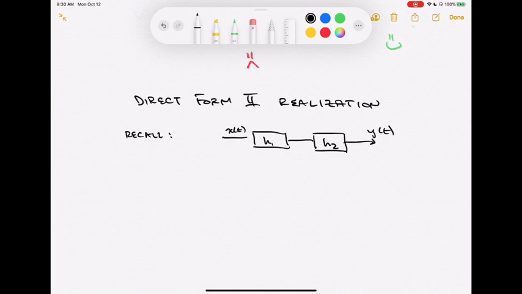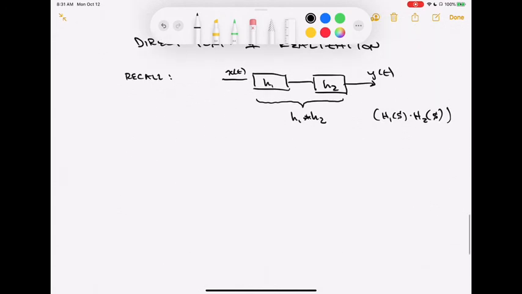I know that the overall system response we could think of as H1 convolved with H2, or if I did this in the transform domain, it would be H1 of s times H2 of s. Both convolution and multiplication, don't care what order you do the convolution or the multiplication in, right? So we know that this is the same as H2 convolved with H1, the same thing as saying this is equal to H2 times H1.